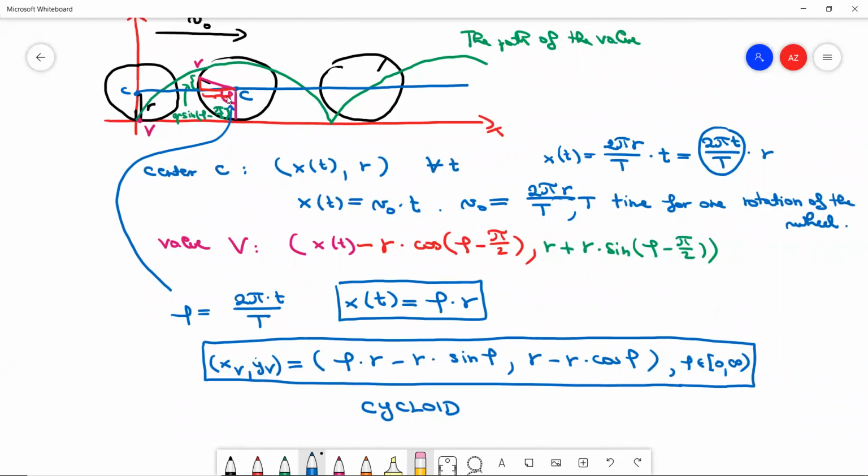That's why phi, in fact, goes from 0 to infinity. But when we calculate the position, of course, we calculate with respect to modulus 2 pi. So if we had 3 pi, then it's the same as pi. And this x of t is just phi times the radius of the wheel.